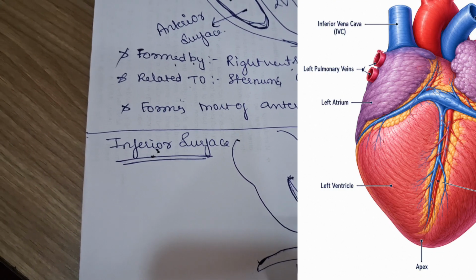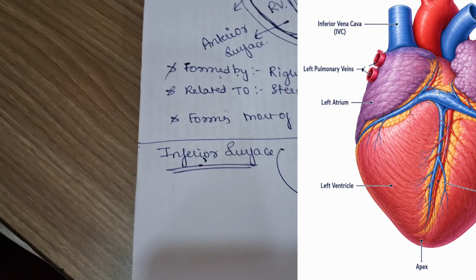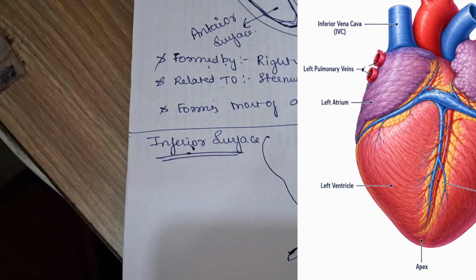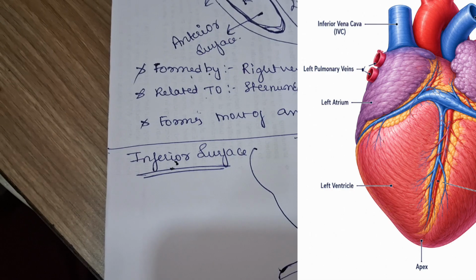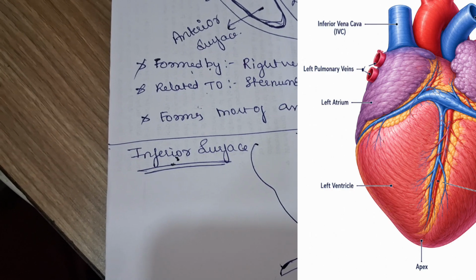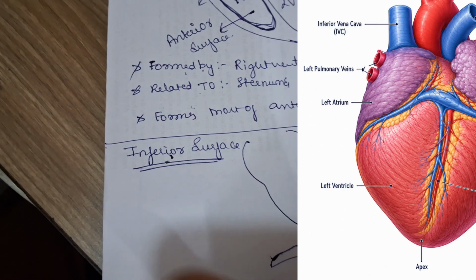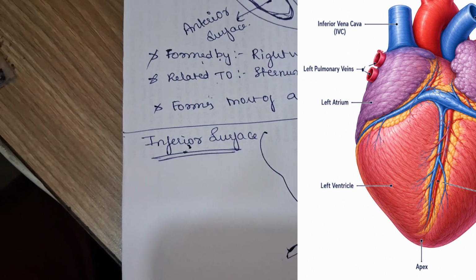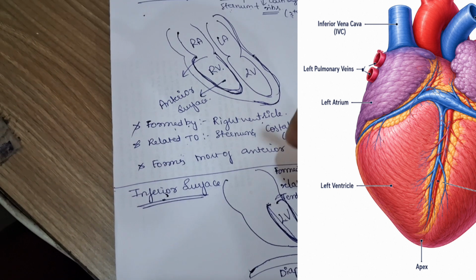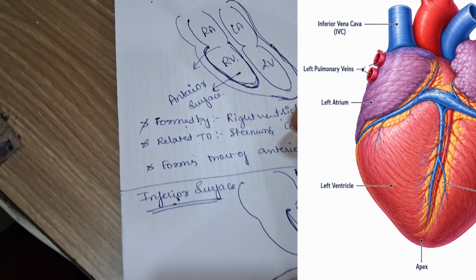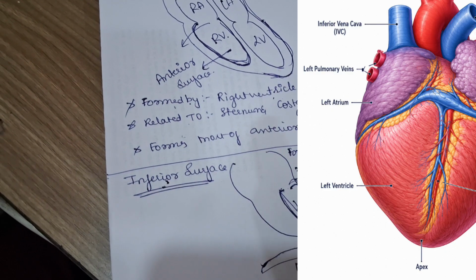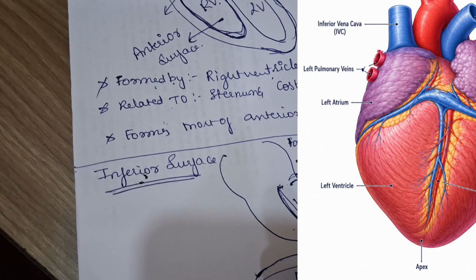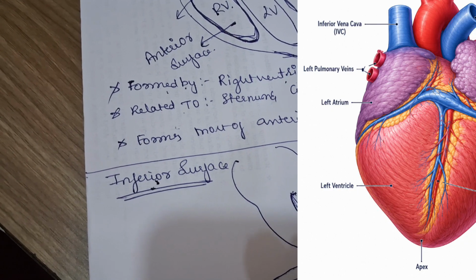If we roughly draw a heart diagram, the inferior surface is mainly formed by the left ventricle. As I said, the heart mainly rests on the diaphragm. Inferior means downwards. So what is below the heart? The diaphragm. So it rests on the diaphragm, mainly formed by the left ventricle, and it is related to the central tendon of the diaphragm.